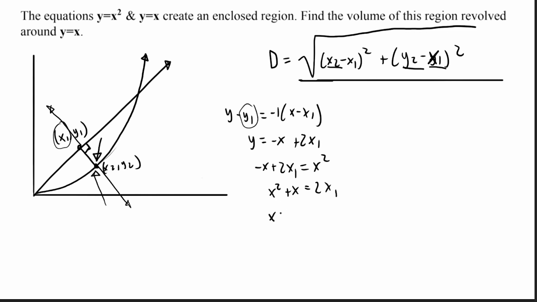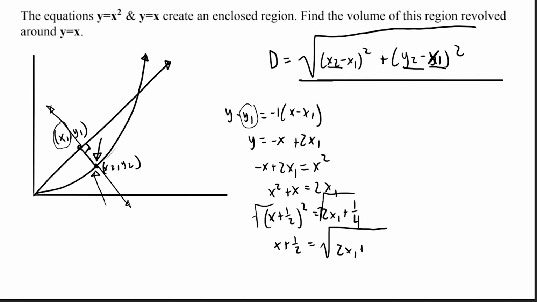So we have x plus 1/2 squared equals 2x1 plus 1/4. Taking the square root of both sides, we get x plus 1/2 equals the square root of 2x1 plus 1/4. And so x equals the square root of 2x1 plus 1/4, minus 1/2.